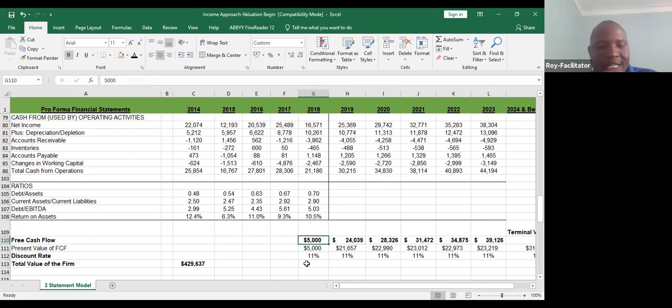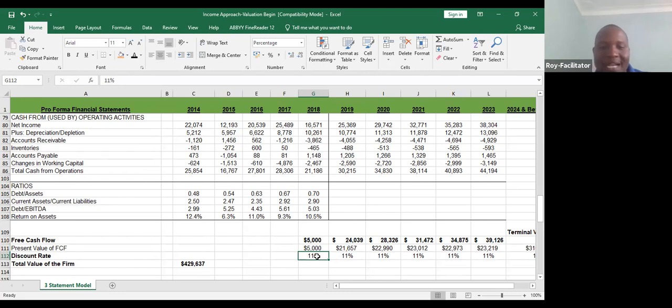All you need to put is the discount rate, and as I said, the discount rate is equivalent to the rate that you are given as a business. Each business, depending on the money that you borrow. Sometimes you borrow for free from yourself. Sometimes you borrow from the bank.